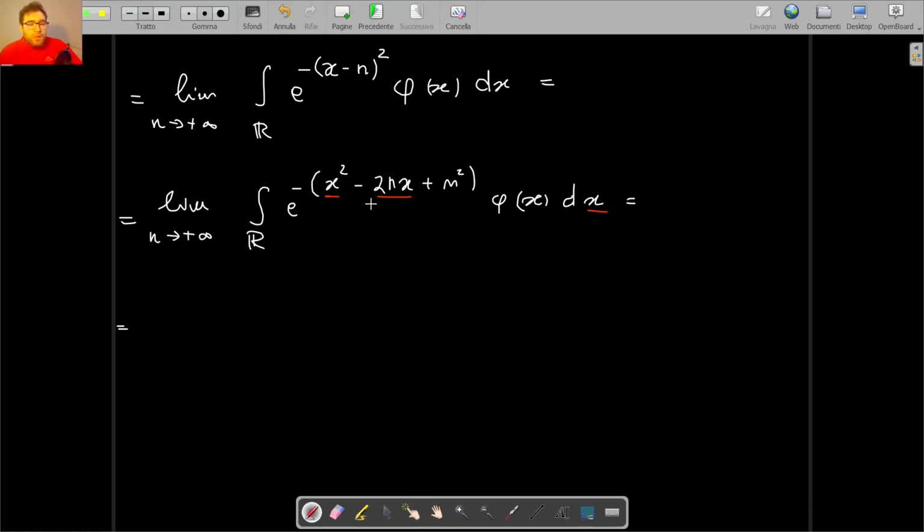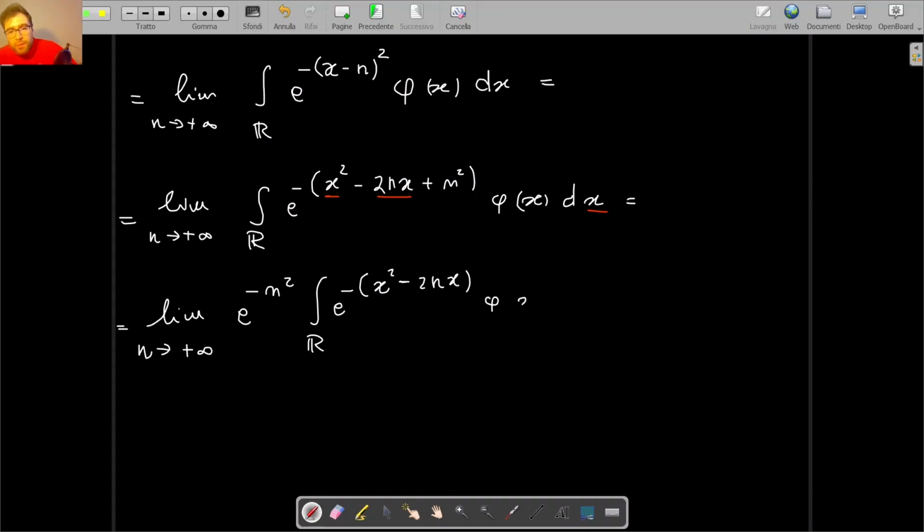So we can pull it out of the integral, and we can write the limit for n which tends to plus infinity of e raised to minus n squared, and then we have the integral extended to the whole real line of e raised to minus (x squared minus 2nx), and then we have our test function in dx.